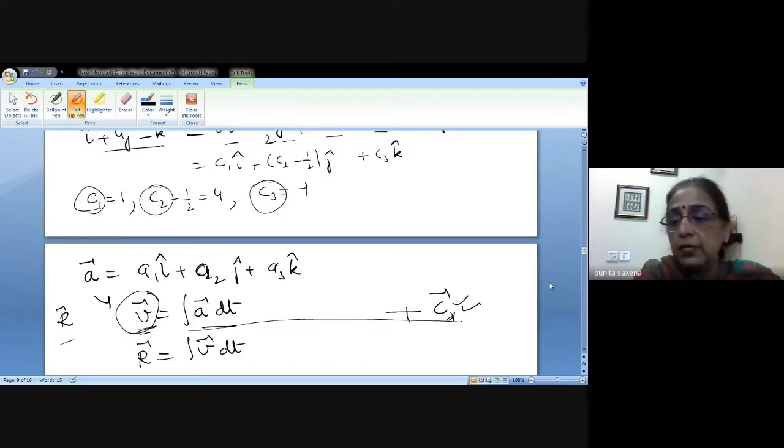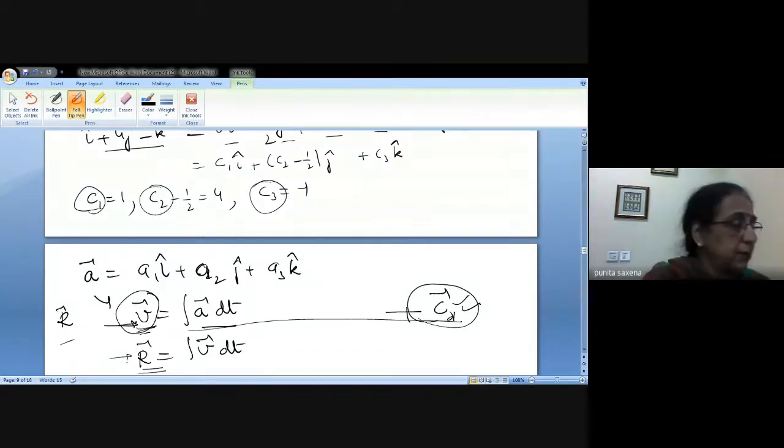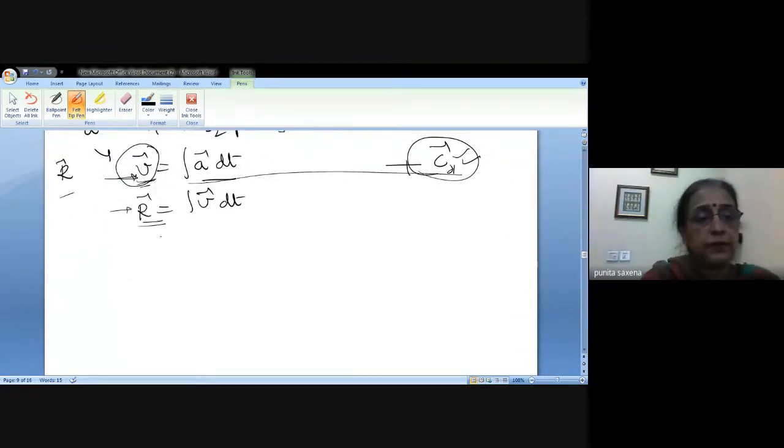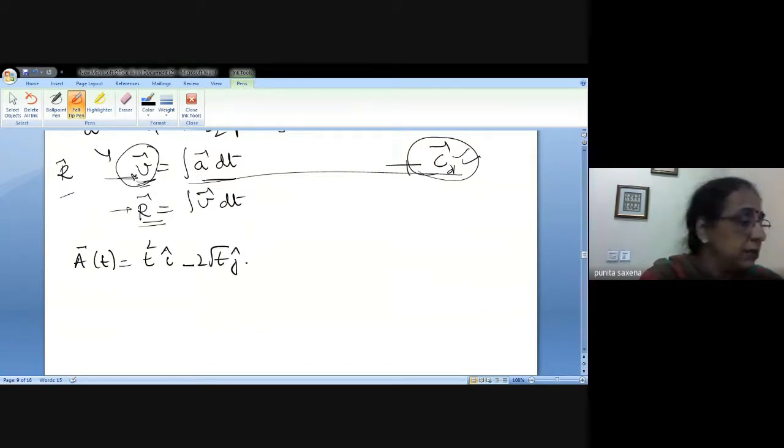So you have this. That means we need initial conditions on velocity to find this constant. Once we have obtained the velocity function, then we again integrate it to get the displacement function. For example, supposing you are given the acceleration function as t square i minus 2tj plus e to the power 3t k.